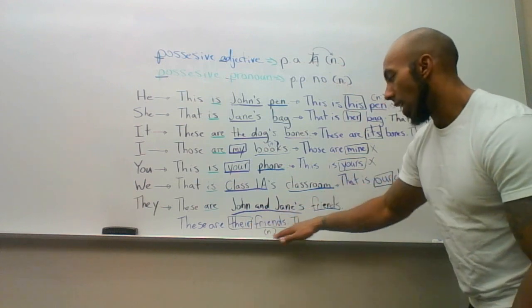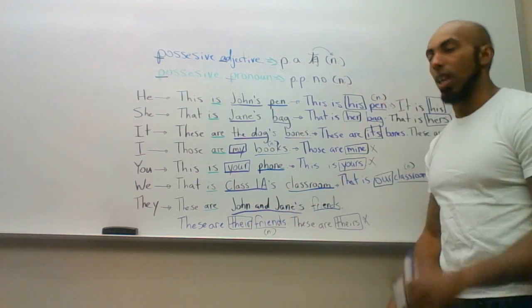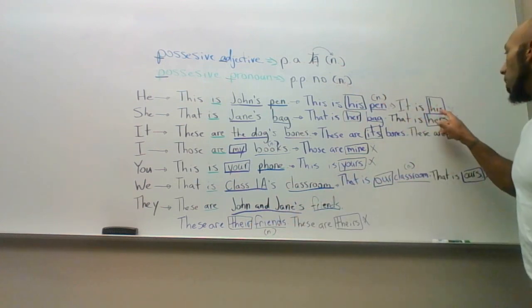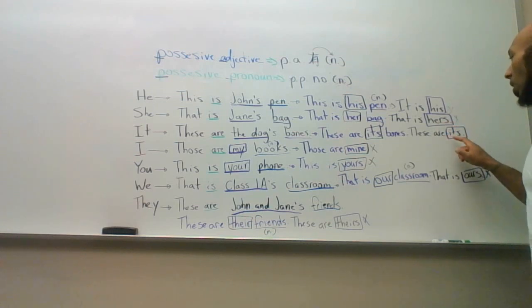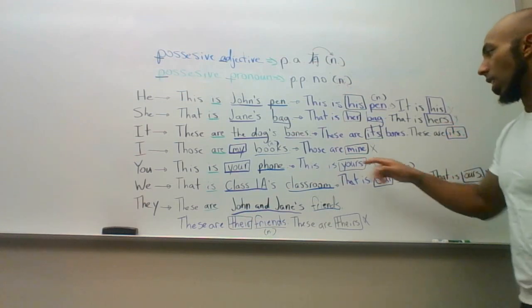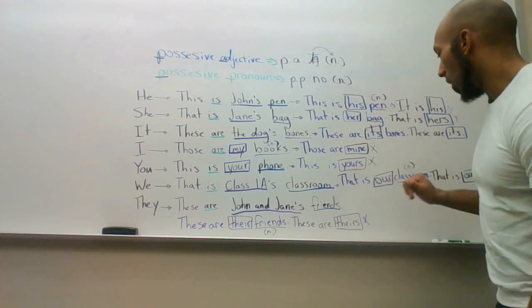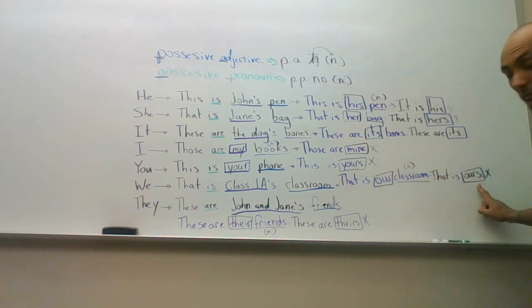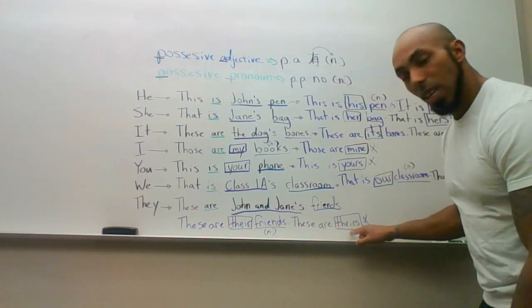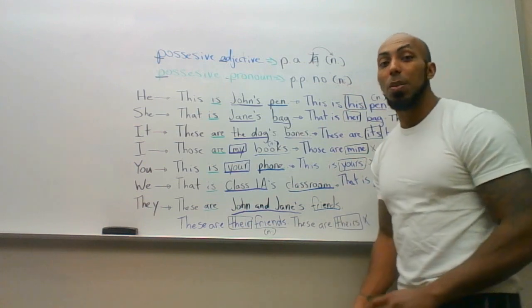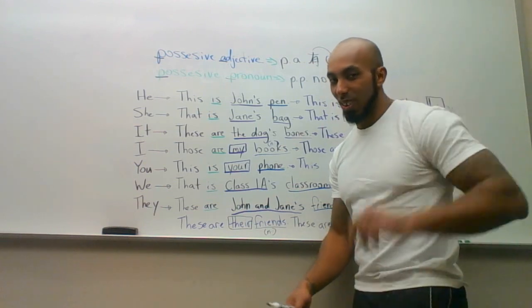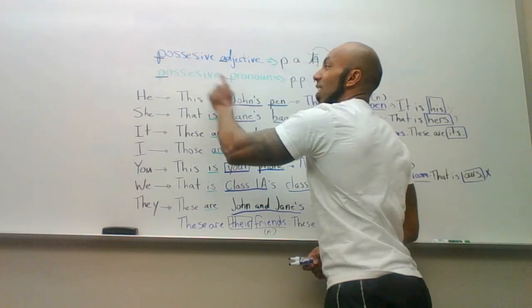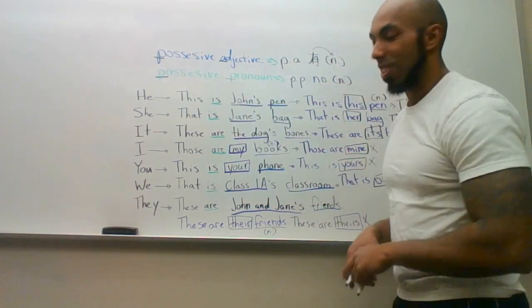And here, PA, noun, with PP, no noun. PP, no noun, PP, no noun, PP, no noun, here, PP, no noun, and here, PP, no noun. Now, when I say PP, I don't mean this PP, okay? It's possessive pronoun, PP, okay?